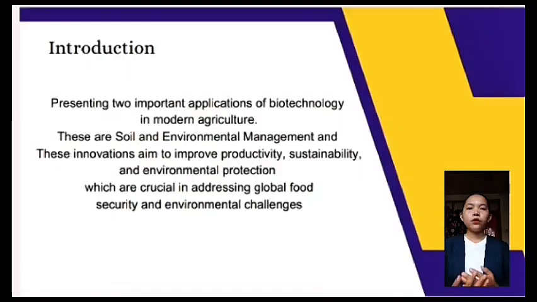It highlights soil and environmental management as a key application where biotechnology is used. This application helps farmers improve crop growth, maintain healthy soil, and reduce harm to the environment. Overall, the goal is to make agriculture more productive, sustainable, and capable of addressing global food security and environmental problems.